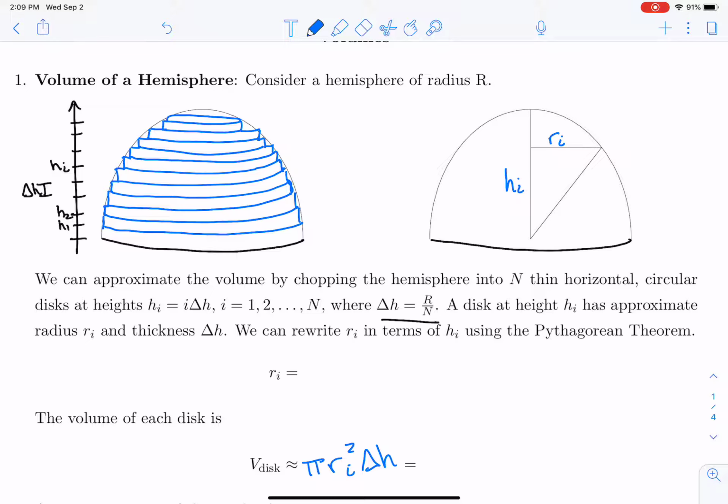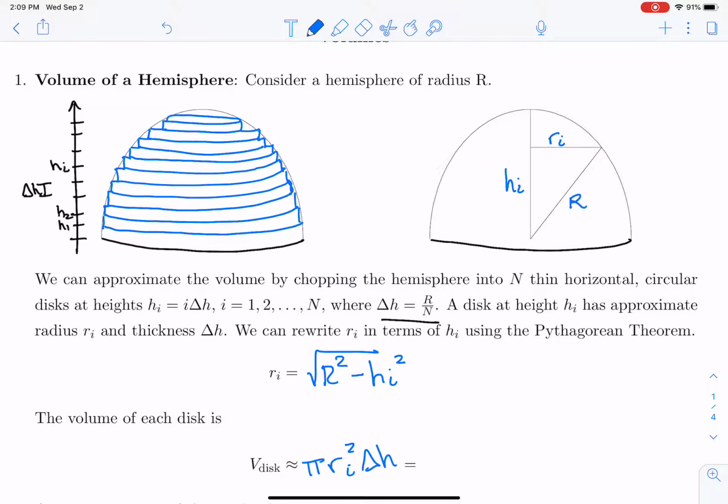And then I notice that these two distances, r sub i and h sub i, are related by a right triangle with hypotenuse capital R, which is the radius of the hemisphere. And so r sub i squared plus h sub i squared equals capital R squared. Or r sub i is equal to the square root of capital R squared minus h sub i squared.